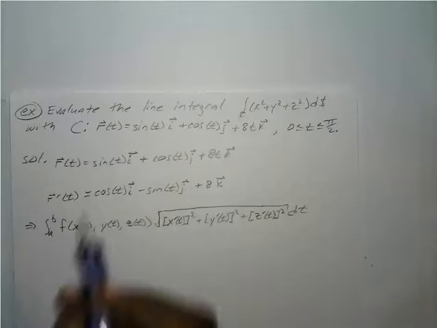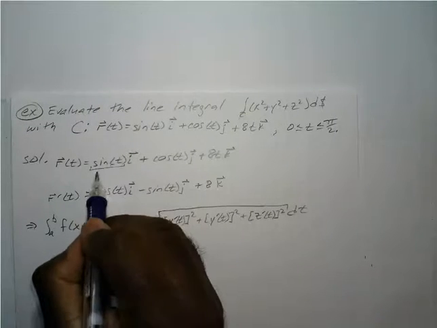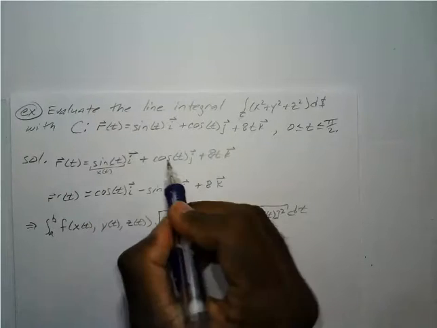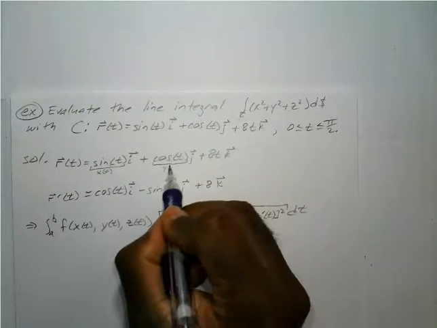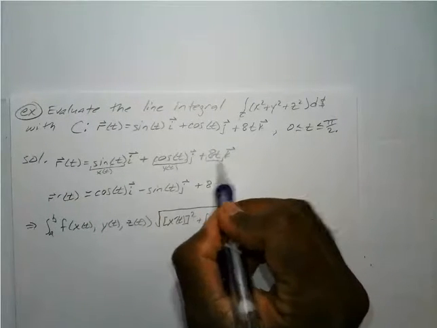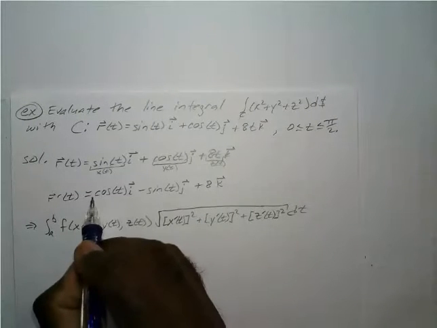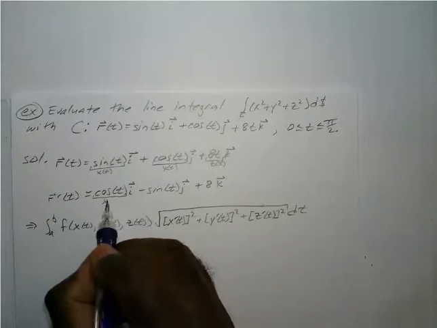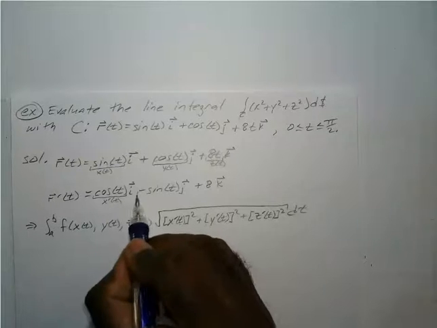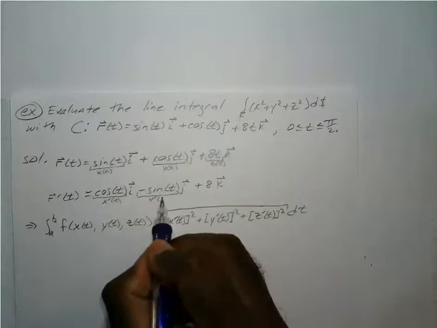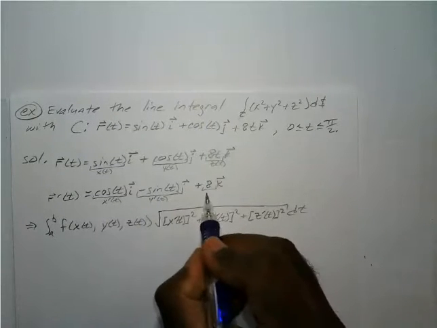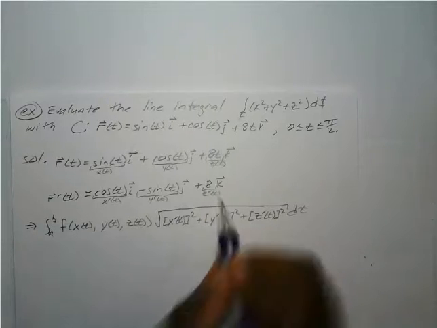Alright, so we know, of course, that this is our x of t, this is our y of t, this is our z of t. So we have our x prime of t, that negative sign is our y prime of t, and that's our z prime of t.